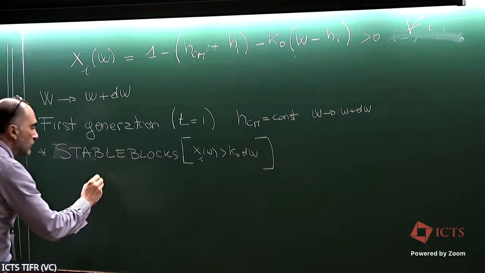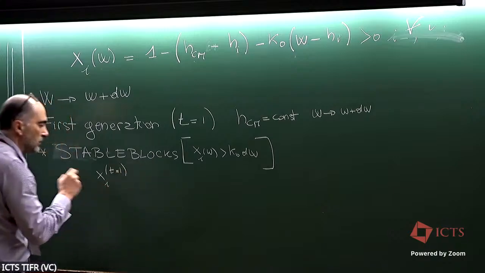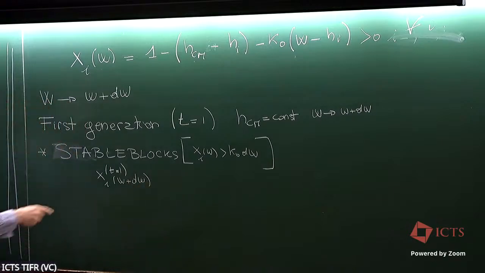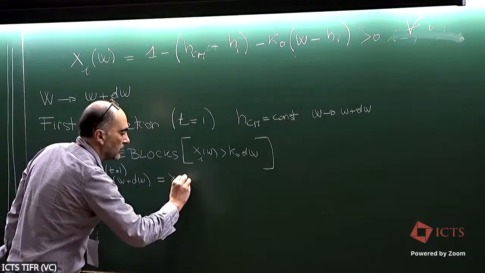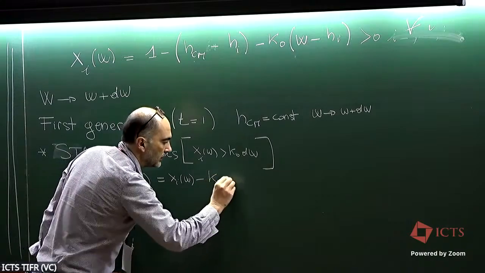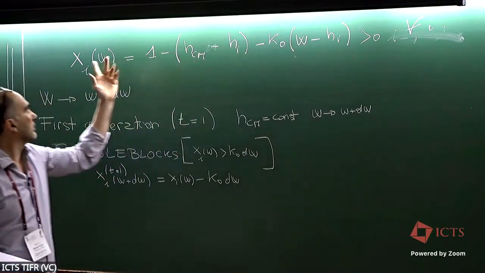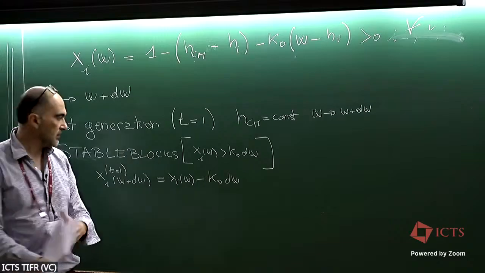So when you do the shift, let me write here t equal to 1, because this is what is going on at the first generation. Now that you have increased from W to W plus delta W, this is equal to xi of W minus K0 delta W. Is it clear? So you added delta W, so this will just be shifted to the origin, okay? Nothing special.